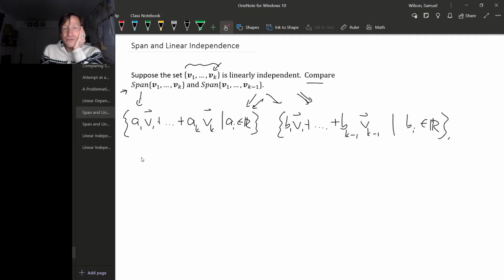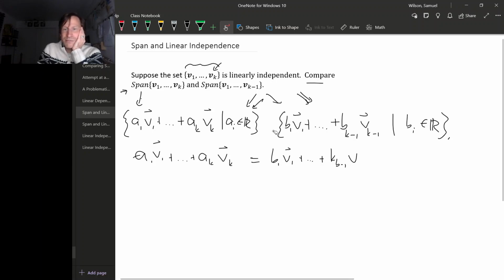I did that backwards at first. So let's suppose that for everything in the set on the left, it's possible to write it as an element on the right: b1 v1, up through b sub k minus 1 times v sub k minus 1.